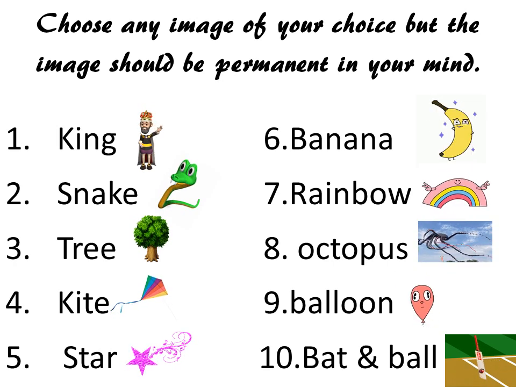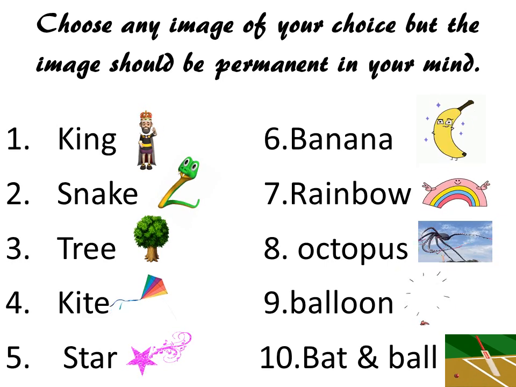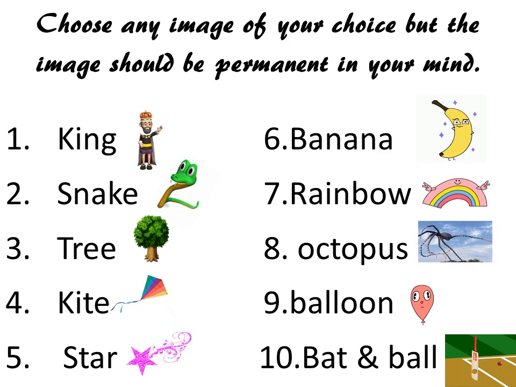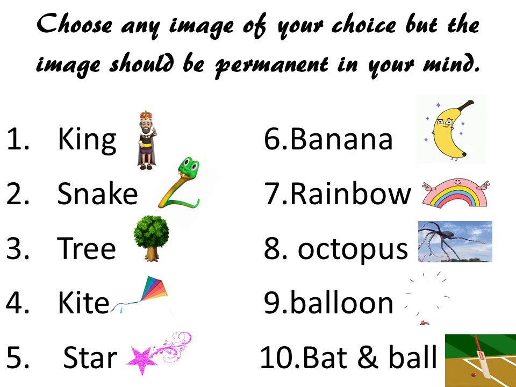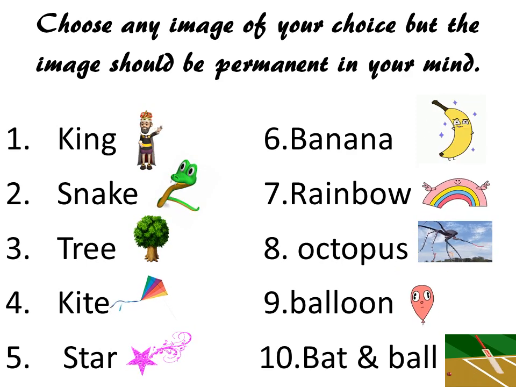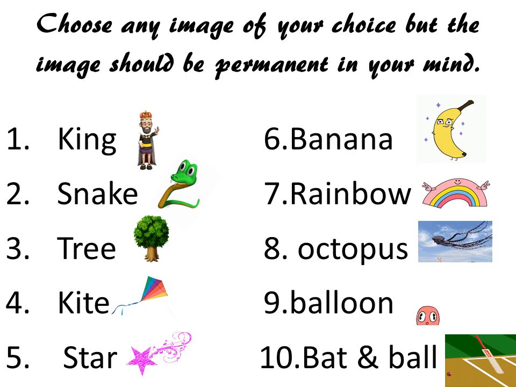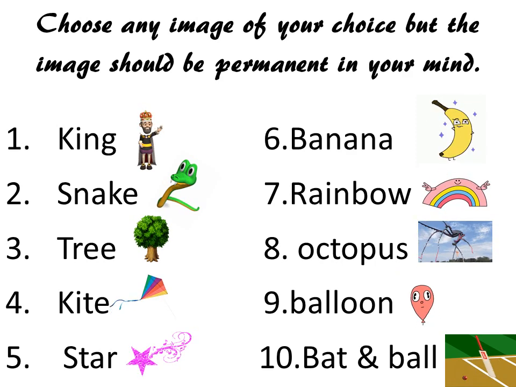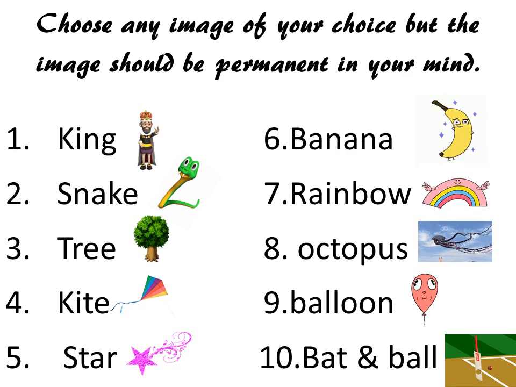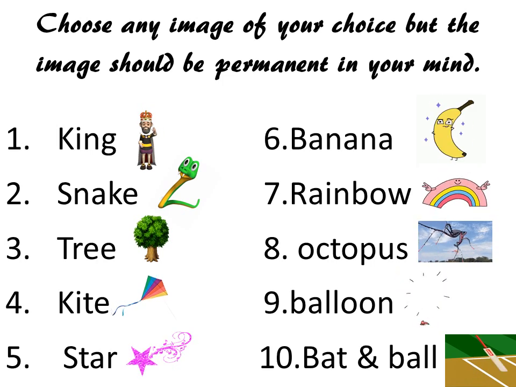You can select sandglass or hourglass, rhyming words like eight, bait, etc. For 9, I have chosen balloon. You can choose rhyming words like nine, wine, or even a cigar can be chosen. For 10, I have chosen bat and ball. You can choose Ramayana's Ravan or ball pen. Choice is totally yours, but the image should be permanent in your mind.